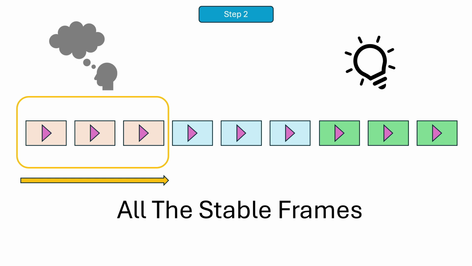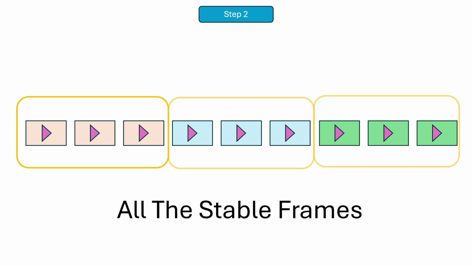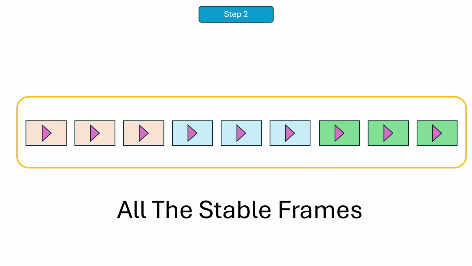Now we have to grab all the unique objects which are appearing for more than a certain number of seconds from the video with its start and end time. Yes, we have to note down where that particular object starts and where it ends. So this information we have to grab from the video. But how do you do that? Let me show you.